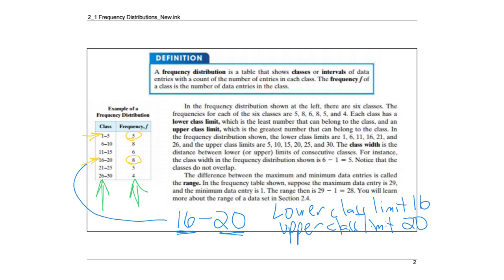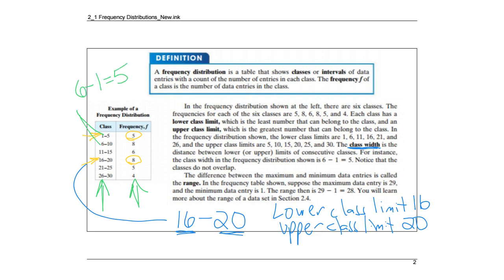Okay, now the class width, we can't just subtract 20 minus 16. That does not work for the class width. What we have to do is take the lower limits from different classes and subtract those. So let's say I looked at the first 2 classes. I would take 6 minus 1, which gives me 5.